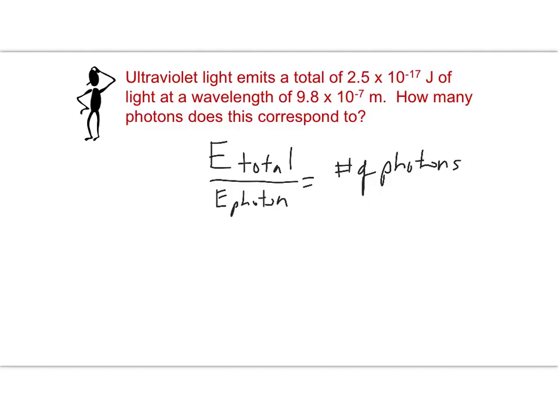We're given the total energy. We've got to convert this number into an energy.